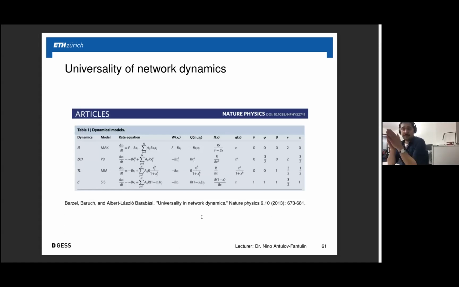Now, which functions to plug in? There is a nice table where you can check which kind of functions we can have here that are describing different types of rate equations, okay, for different types of dynamics.